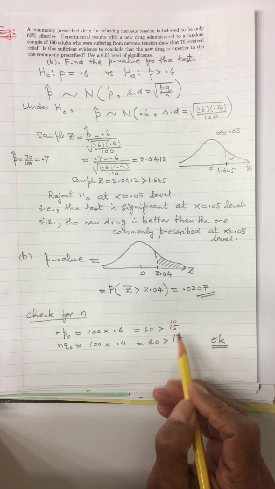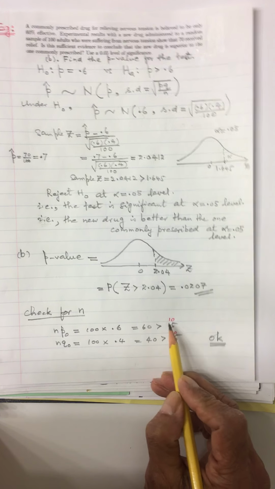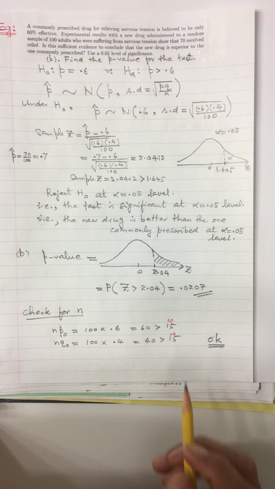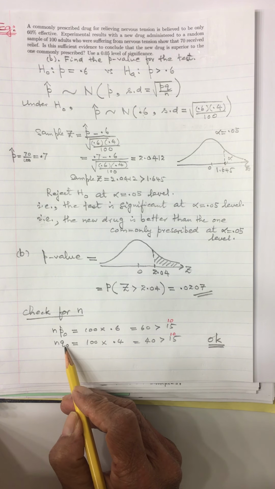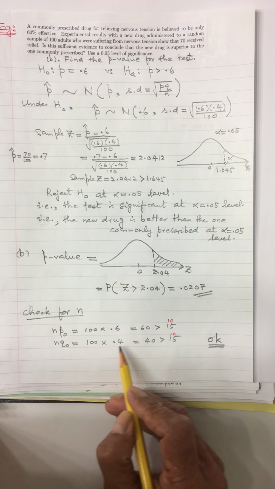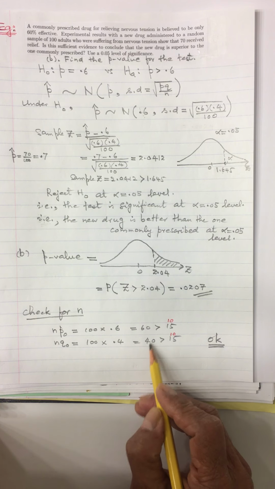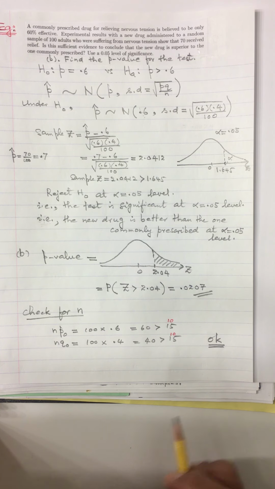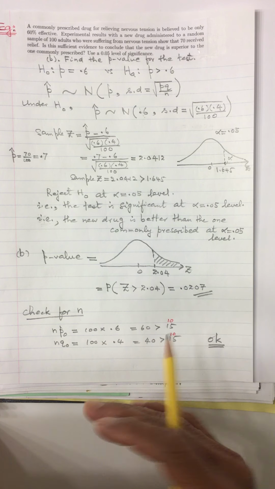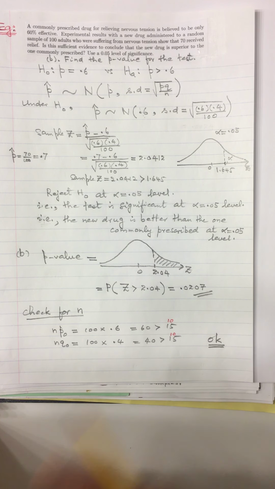Most books actually use 15 anyway. n times q naught is 100 times 0.4, which is 40, also more than 15. So n is quite large enough. The larger the better, you get a better answer, but this is large enough for you to have a reliable answer.